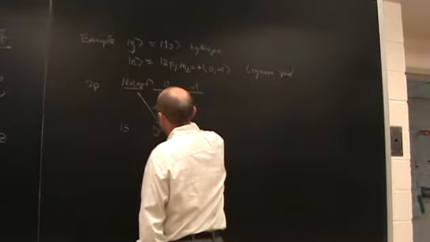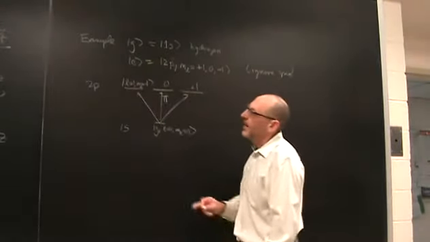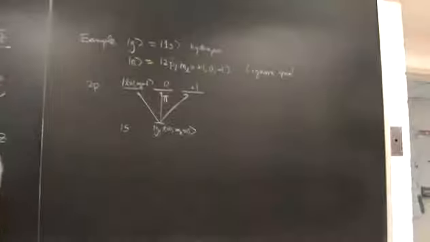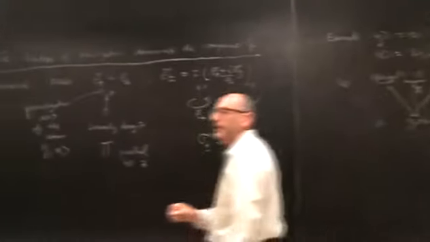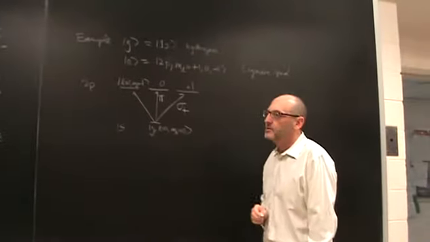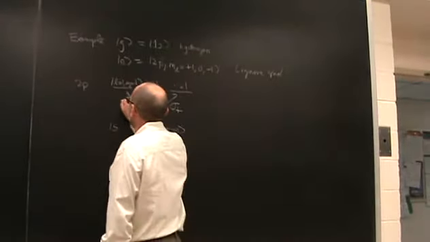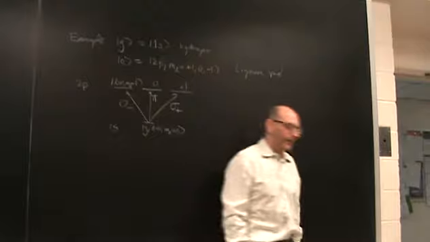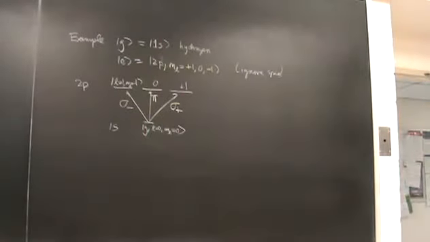This would be the transition that would be driven if I shine pi light on the atom. This would be the transition that would be driven if I drive the atom with sigma plus. And this is the transition that is driven if I drive with sigma minus.